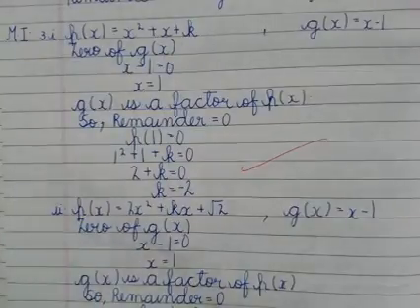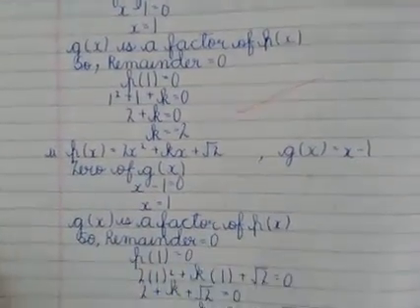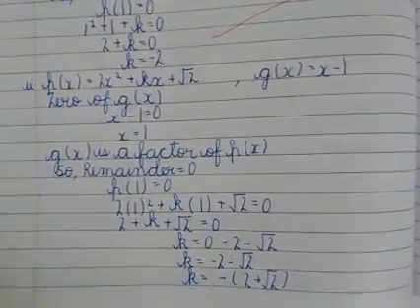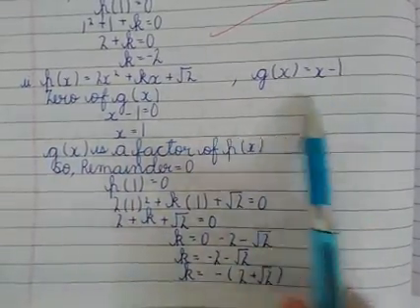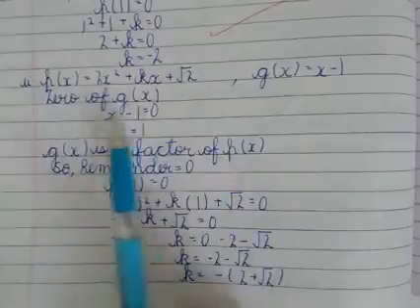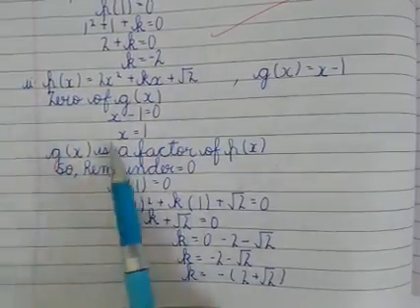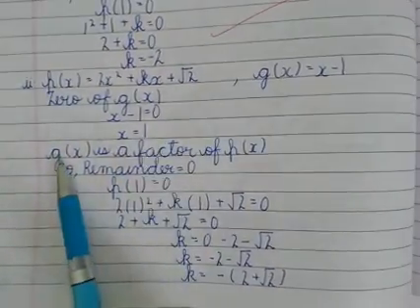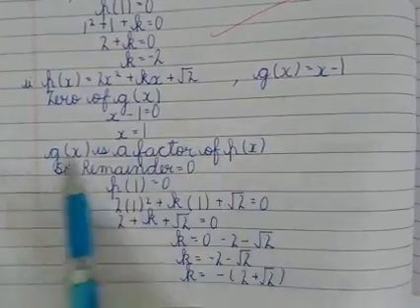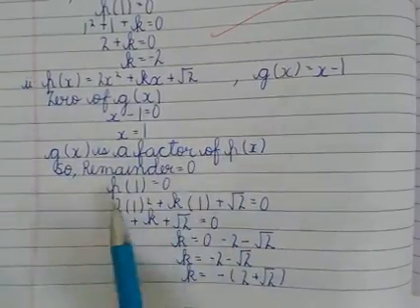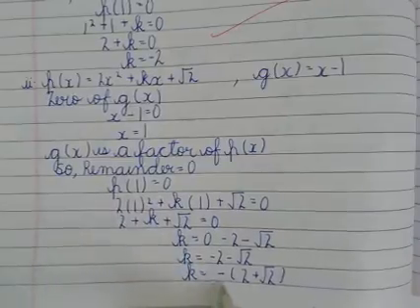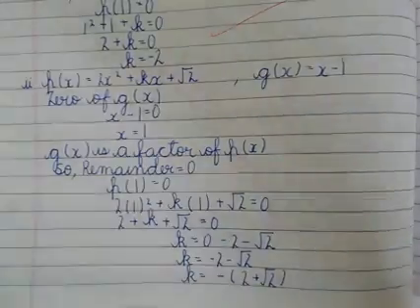Same case in question number 2, its second part. p(x) is this and g(x) is this, and we are already given that g(x) is a factor of this p(x), so the 0 of g(x) is taken out. Now g(x) is a factor of p(x), this is given, so the remainder is equal to 0. Now put the value, and here we are getting the value of k.